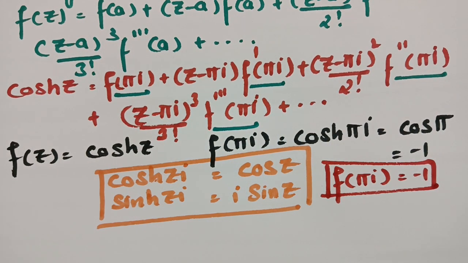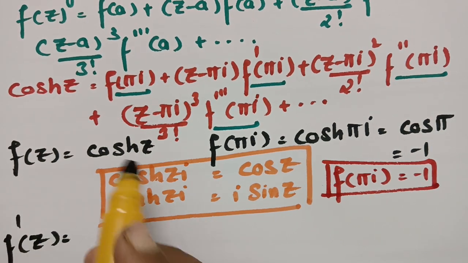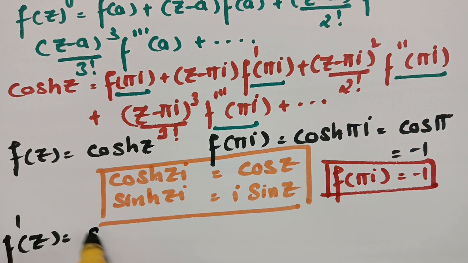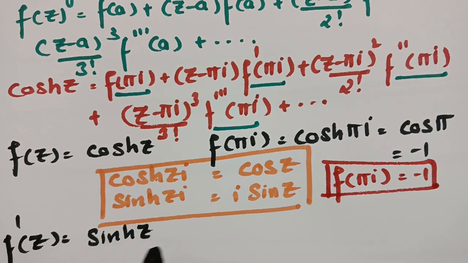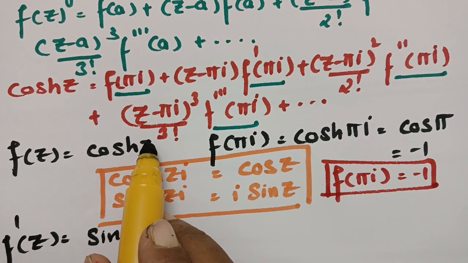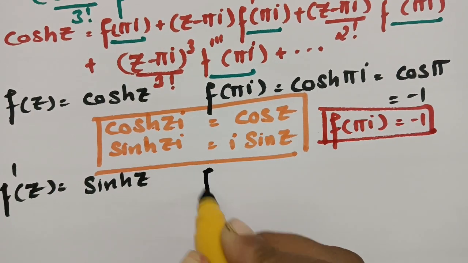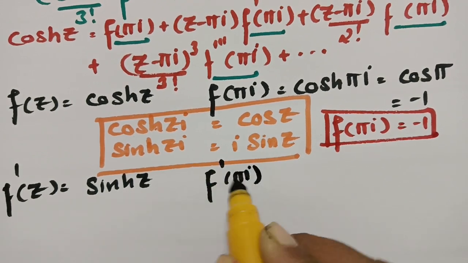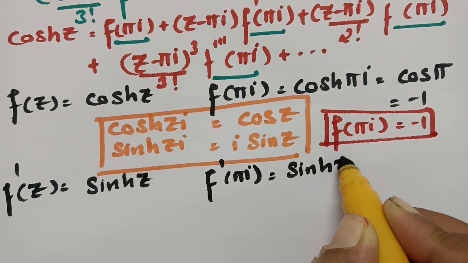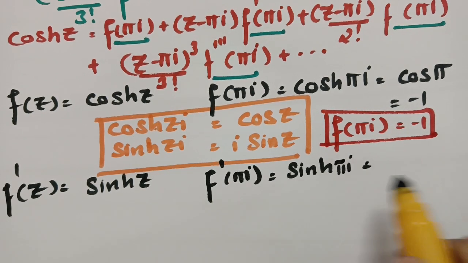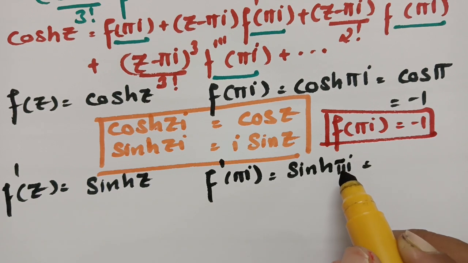For that we have to take the derivative. So f dash of z: for cos hz it will be sin hz, and for sin hz it will be cos hz. There is no negative sign for the hyperbolic function. Therefore f dash of pi I: in place of z, if I keep pi I, this is sin h pi I. Clearly, sine of minus theta is minus sine theta, so you apply that.